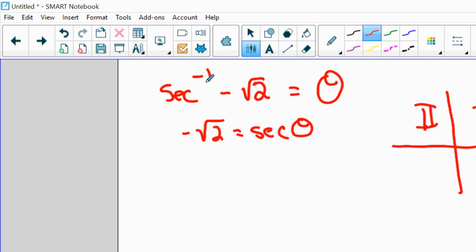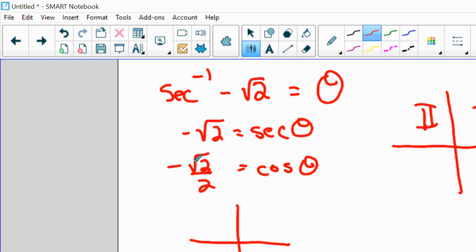Now, you can think now or think after this move that the reciprocal of the right equals the reciprocal of the left, and I've done the reciprocal of the square root of 2 enough to realize that it's the square root of 2 over 2. Secant and cosine are negative in the second and third.